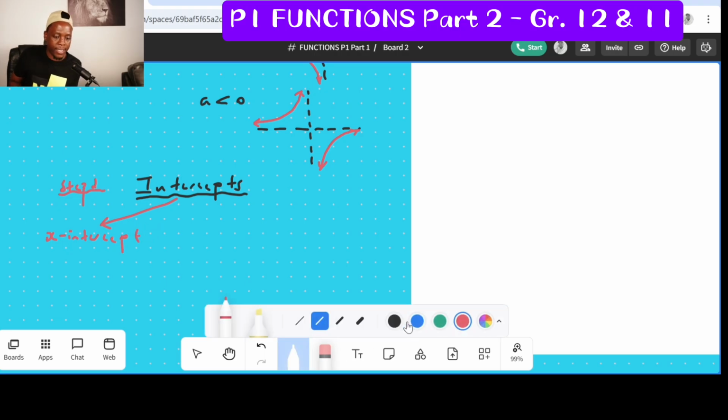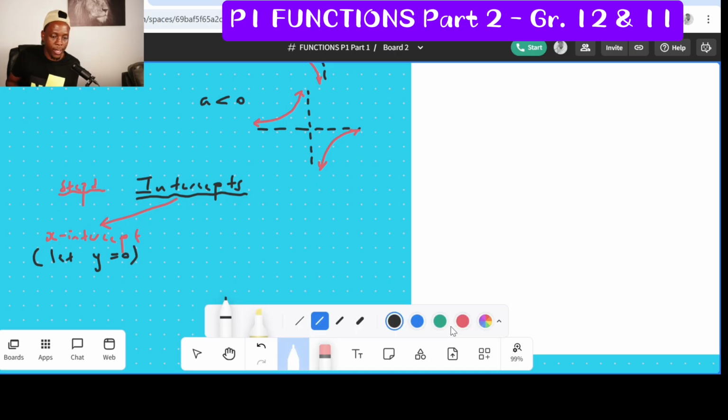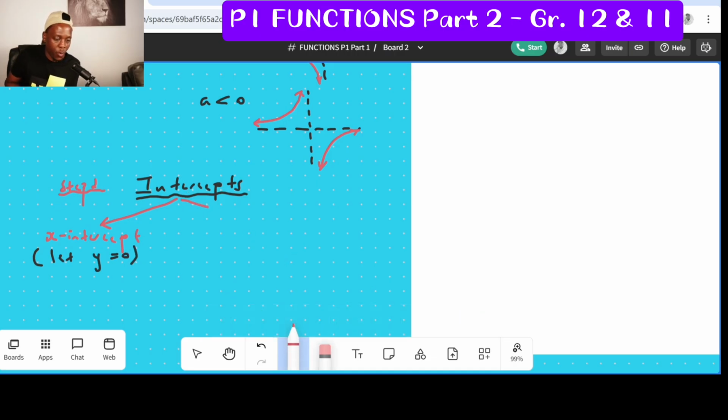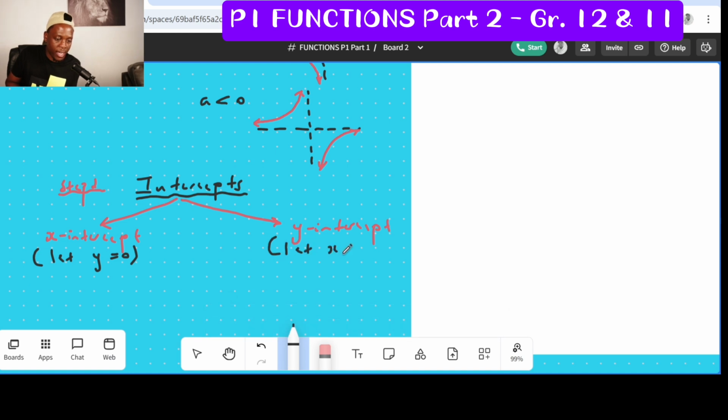At the x-intercept, we let y equal to 0. After that, we find the y-intercept, and at the y-intercept, we just let x equal to 0.